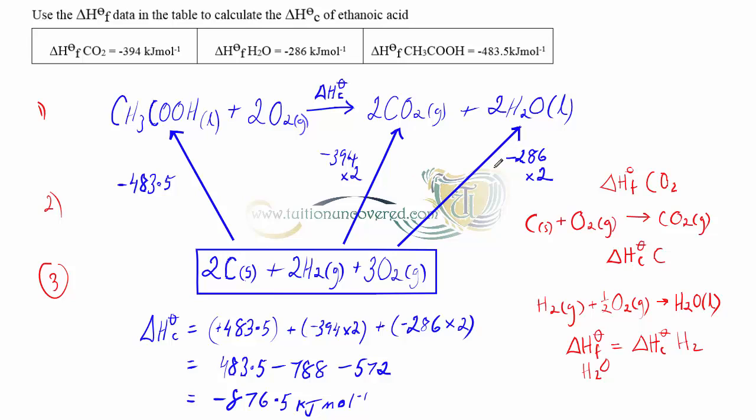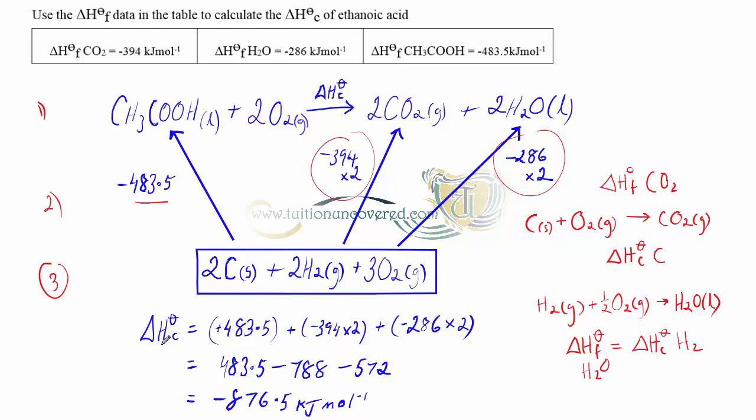Having now completed the arrows with the box at the bottom for the elements from which I'm forming my reactants and products, step 3 is to put the values for each of those arrows: minus 483.5, minus 394 times 2, minus 286 times 2, based on the values I was given up here.